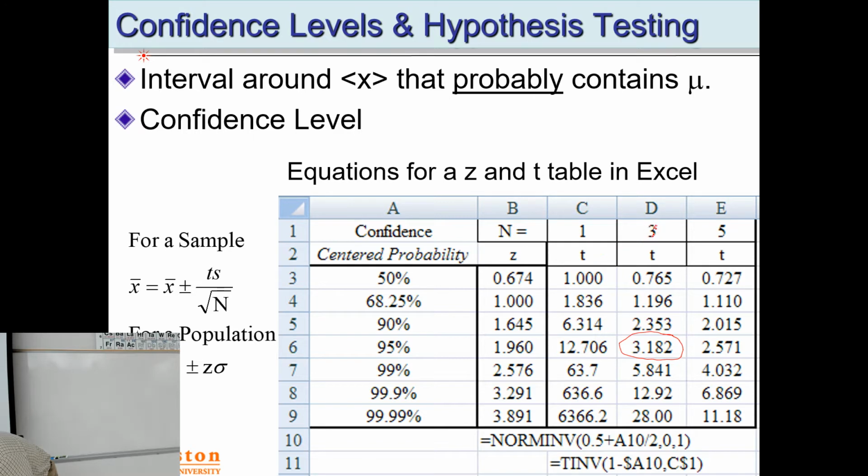I did 3 titrations, I'm at 95% confidence, that's my t-value. So this is going to be 3.182 times s over square root of 3. And that will give me my 95% confidence interval if I've done 3 titrations.